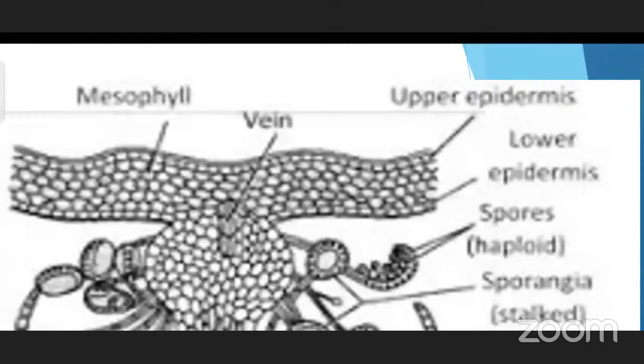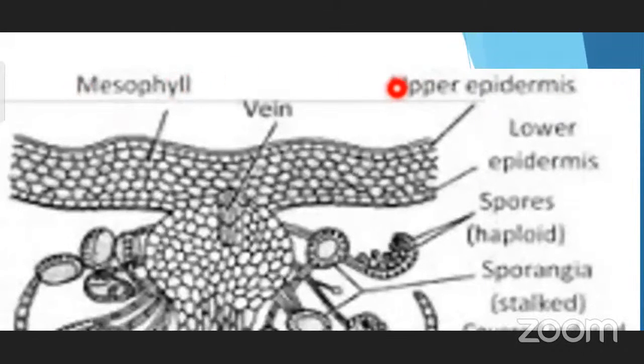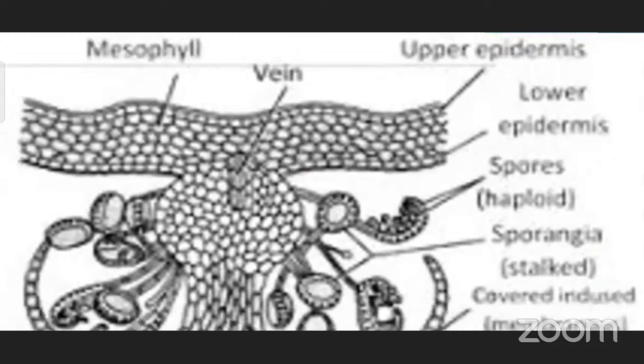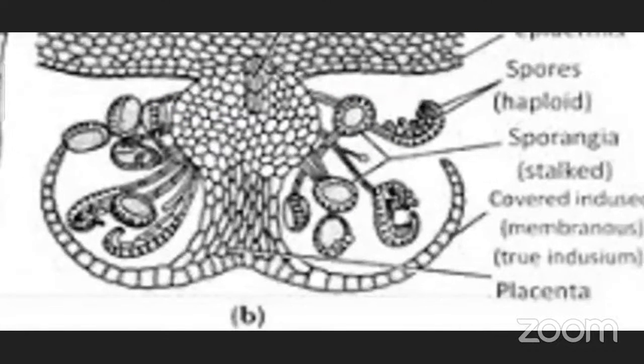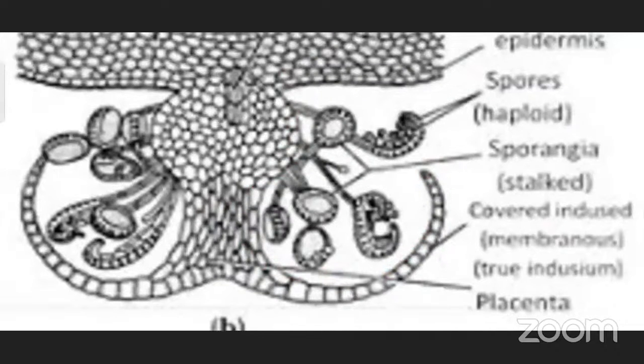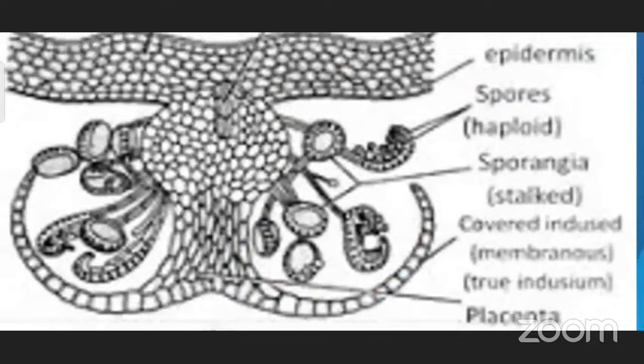The leaf has the mesophyll tissue in the middle, the upper part is called upper epidermis, and this is the lower epidermis. Here you can clearly see the sorus has an umbrella like structure, which is protecting the spores which are getting formed here.